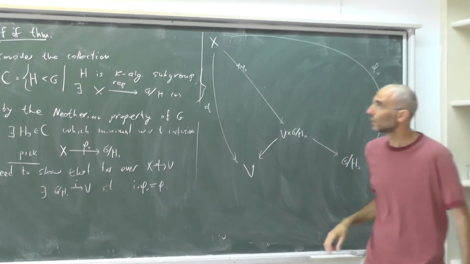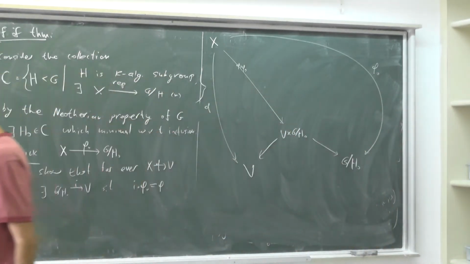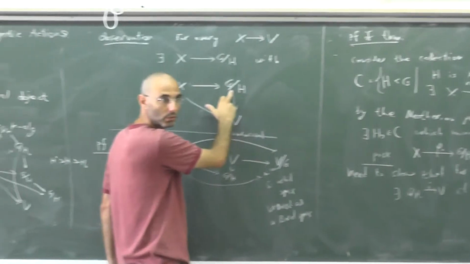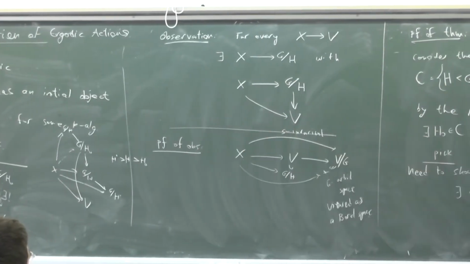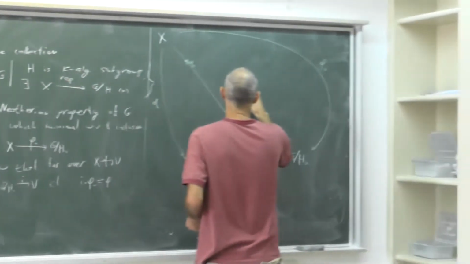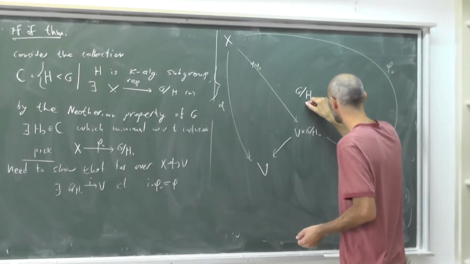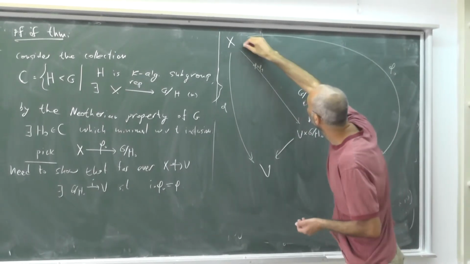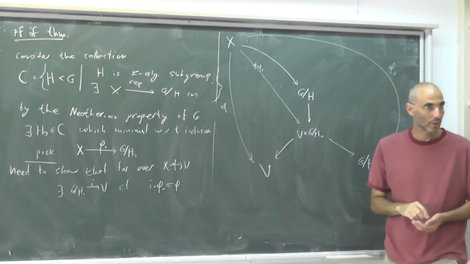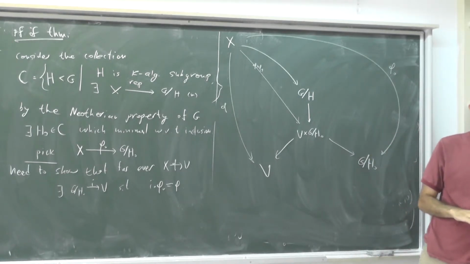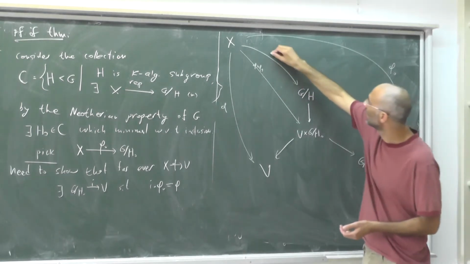Now I'll use the observation with respect to the product. Take V to be that product, and I will be able to find G mod H, some H. I'm getting this, right? This is by the observation.